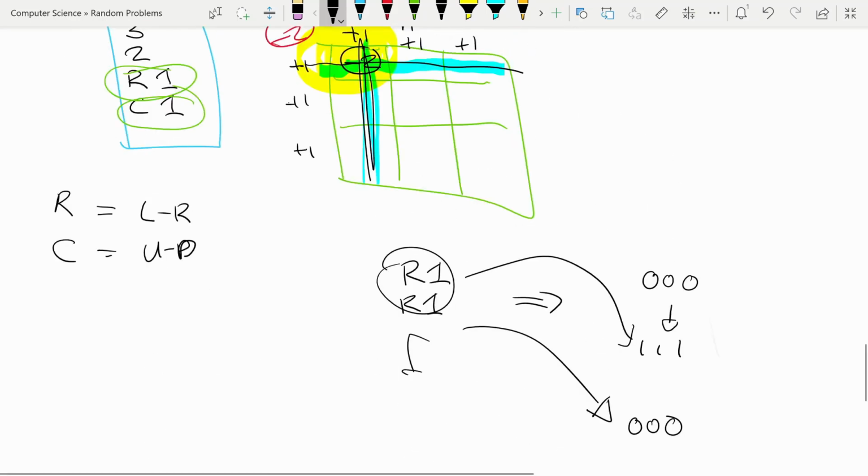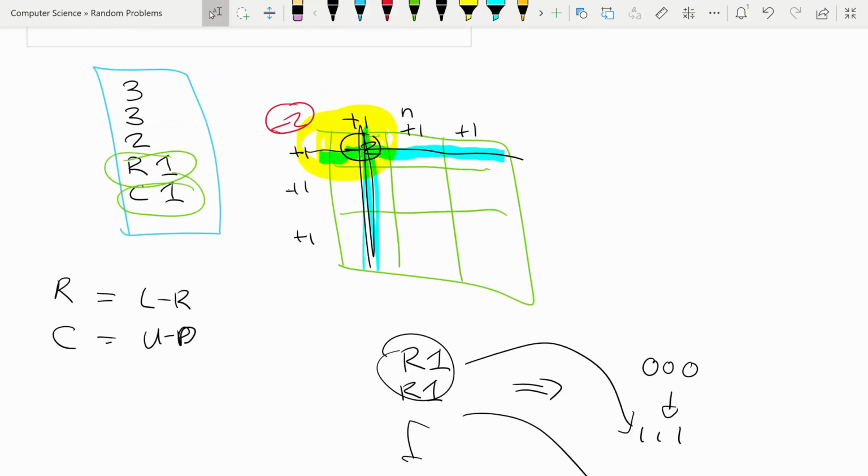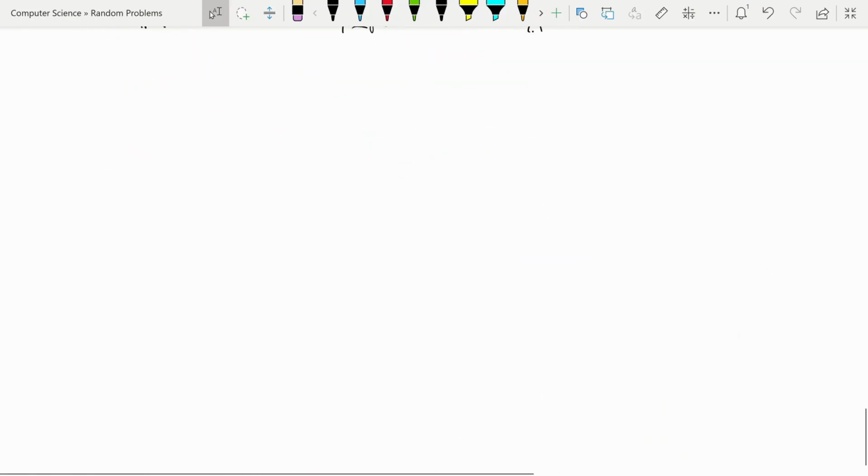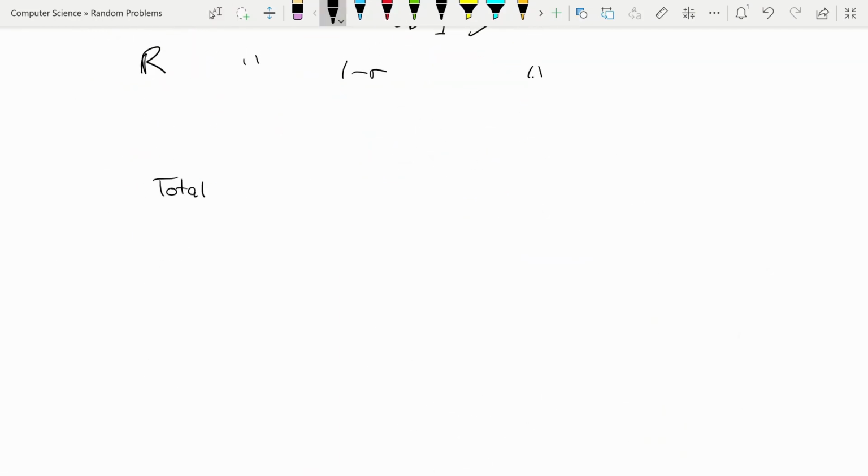Now with this, we can go back to our grid that we had right here, and we can actually develop our formula. So we can say total is equal to the amount of up and down strokes, without duplicates, which is C, times the amount of rows, so M. Now why does this work?